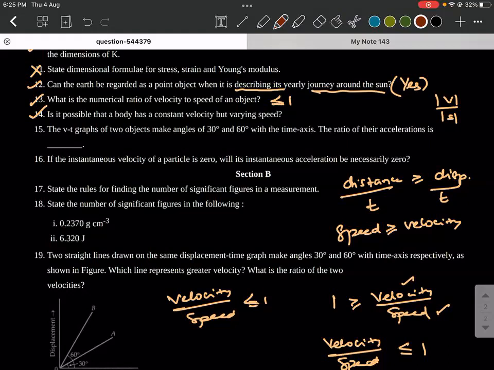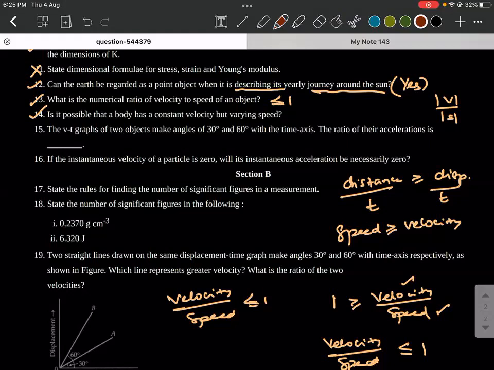So when you say velocity is constant, speed of the object is constant and direction is also constant. So when velocity is constant, how can speed change? Is it possible? Please make a note of it.